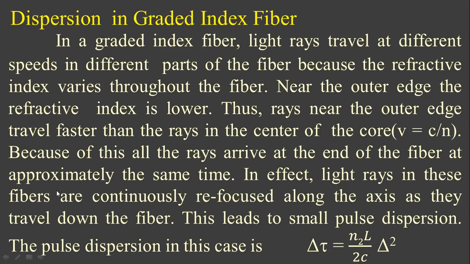And what is this expression for a graded index fiber? In a graded index fiber, light rays travel at different speeds in different parts of the fiber because the refractive index varies throughout the fiber. Near the outer edge, the refractive index is lower. Thus, rays near the outer edge travel faster than the rays in the center of the core, because the velocity of these rays depends upon the refractive index.